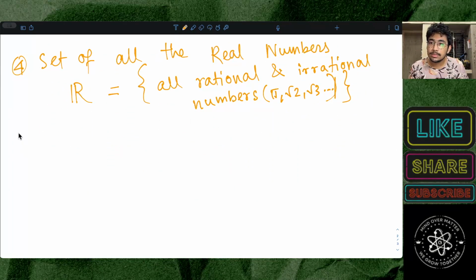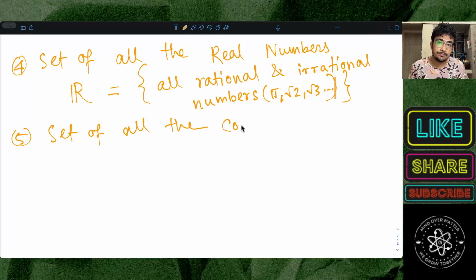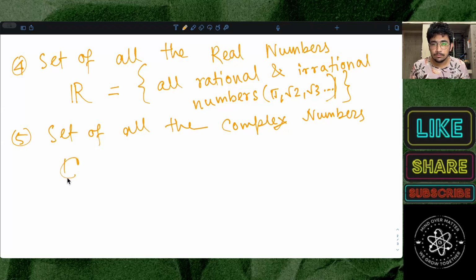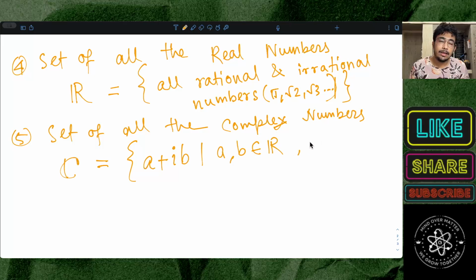Now let's come to the final one, the set of all complex numbers. If you don't know anything about complex numbers, do not worry, I will be covering them explicitly in a later video in this very playlist. This is denoted by the capital letter C, and it is all the elements of the form a plus ib, such that a and b both are real and i is basically root over minus 1.